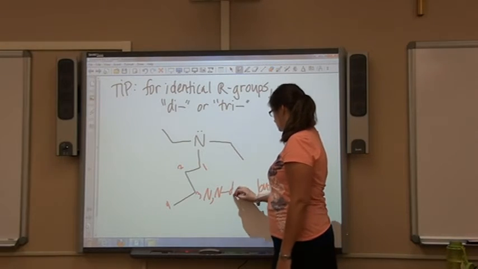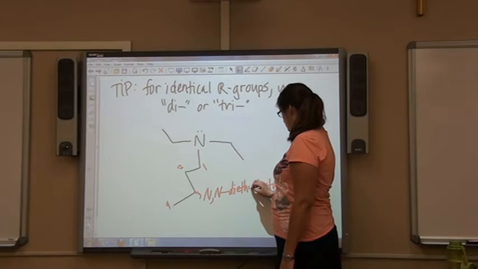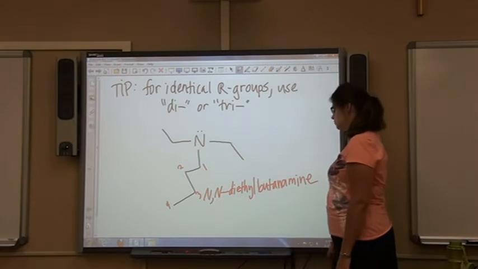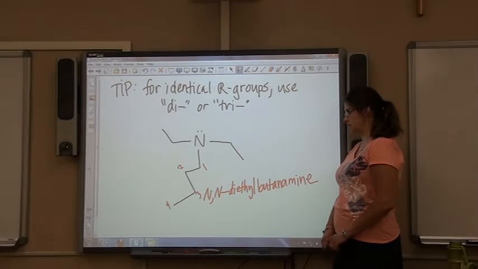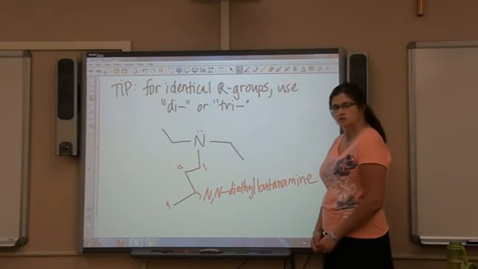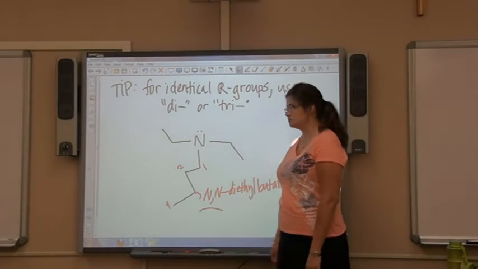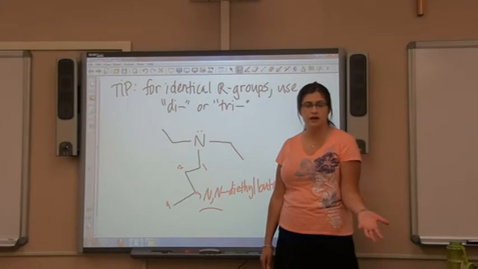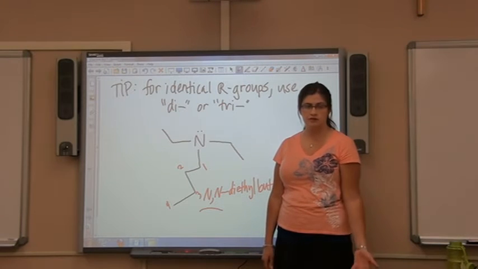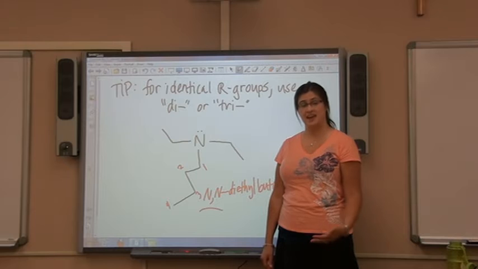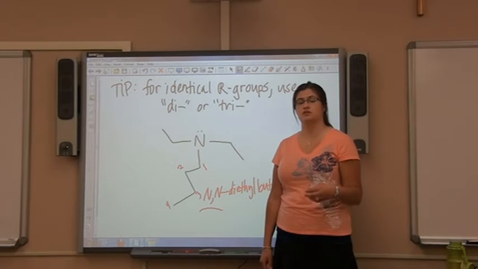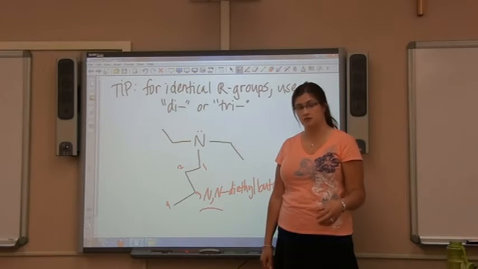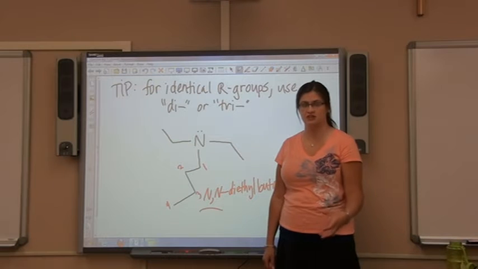N,N-diethylbutanamine. So do you see where those N's are coming in? Instead of writing 1,2-diethyl or 2,5-diethyl, we have to write them as N,N, because that tells us those are both located on the nitrogen itself.